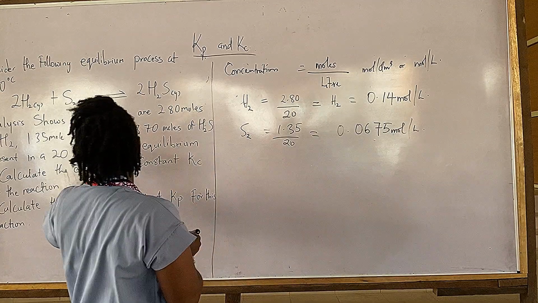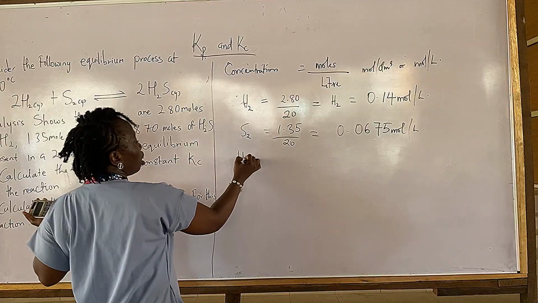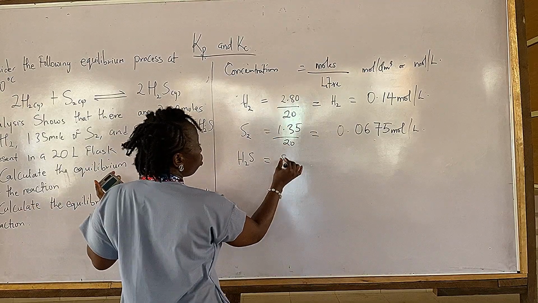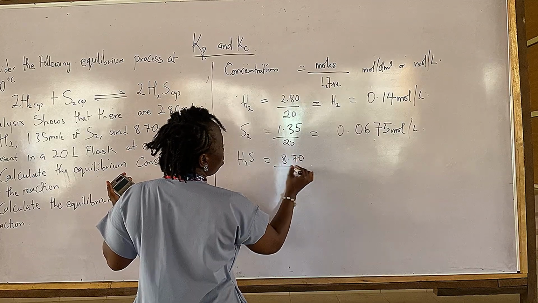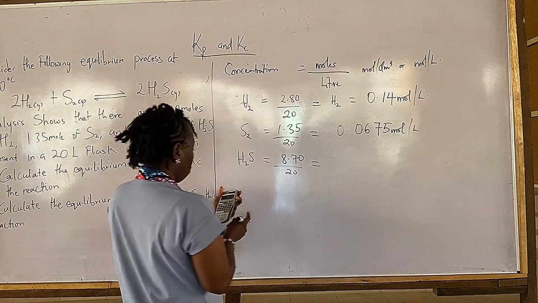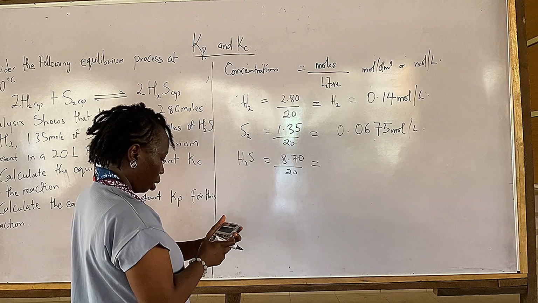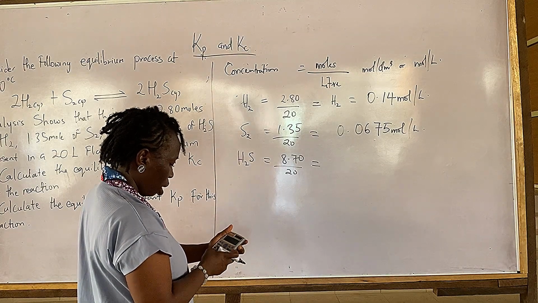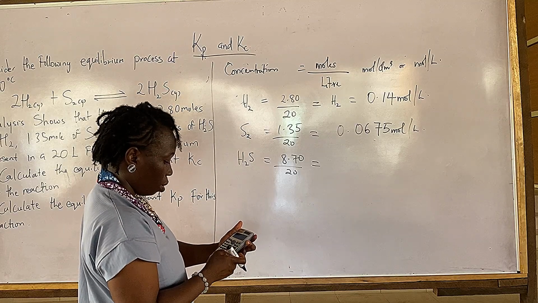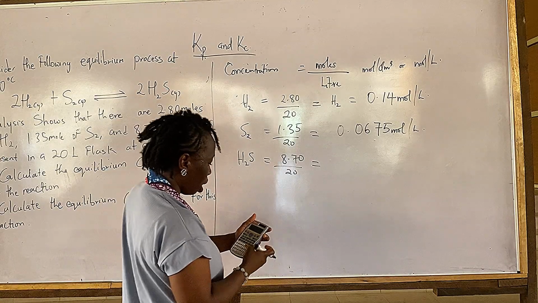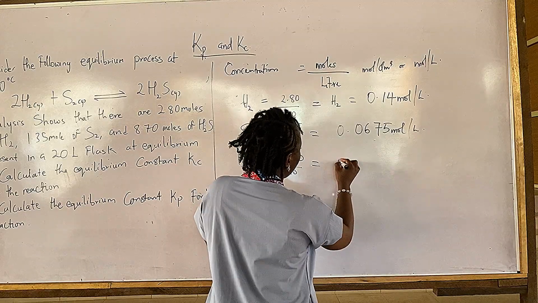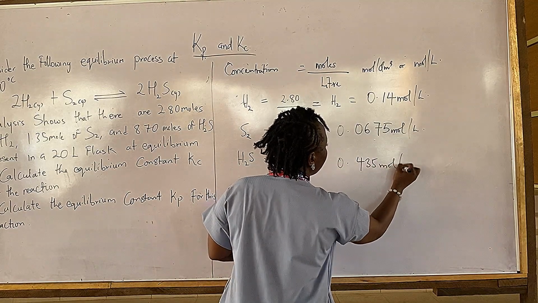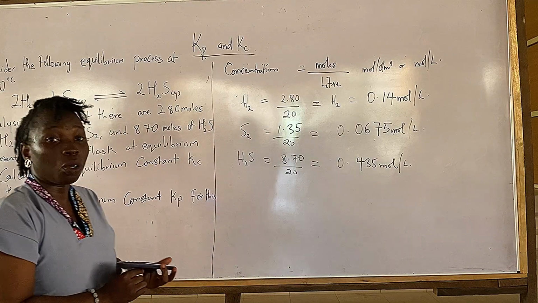Now the next step is to do that of hydrogen sulfide. And what is the number of moles? 8.70 per liter. So that will be 8.70 divided by 20, and that will give us 0.435 mole per liter.